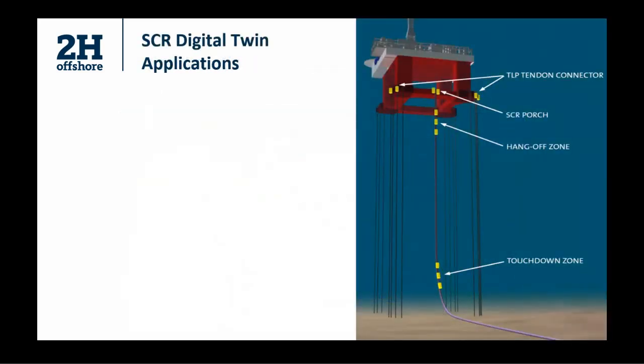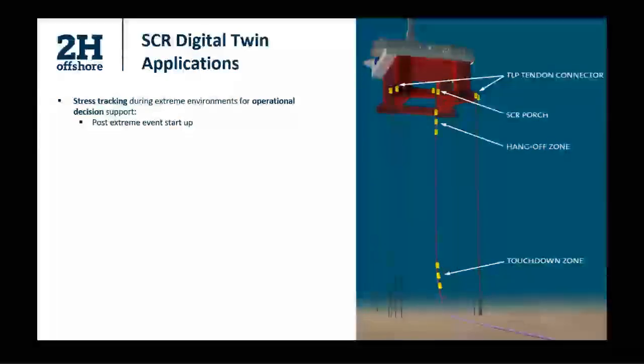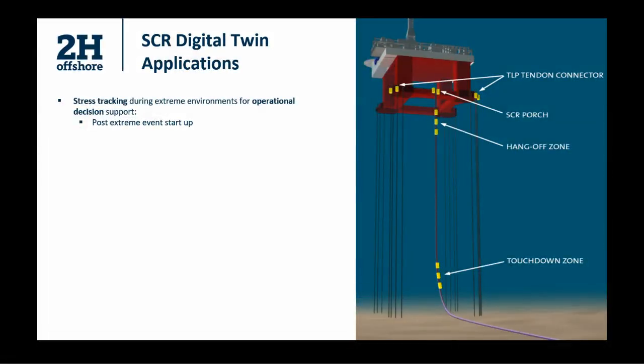Now that we have laid out critical locations of interest, we'll now talk about what applications we can use these in. We can monitor dynamic structures for short-term operational decision support. For example, a post-hurricane or severe current event startup.